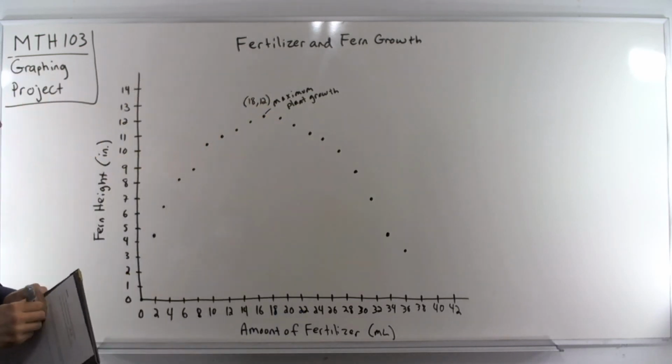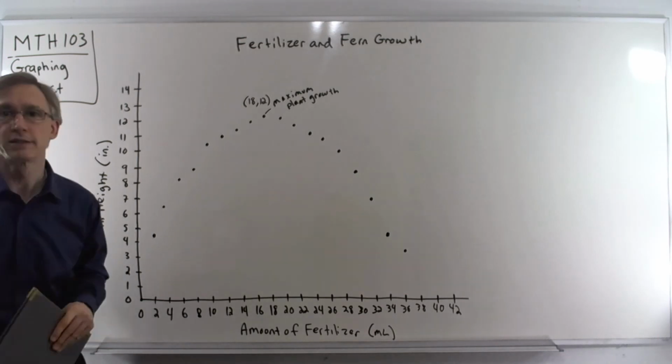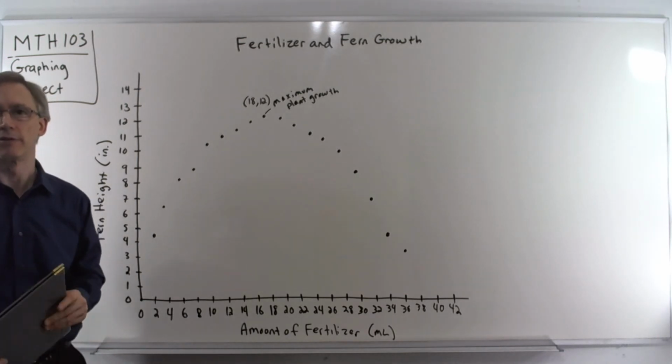So point 18, 12 is the maximum plant growth.